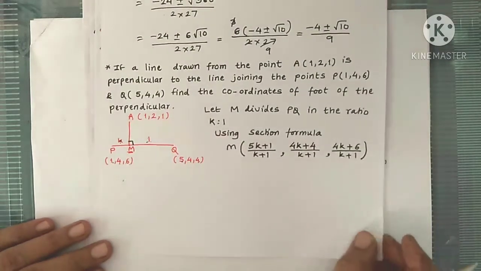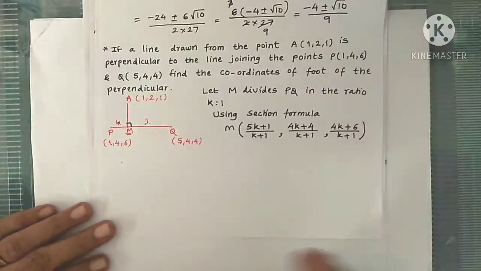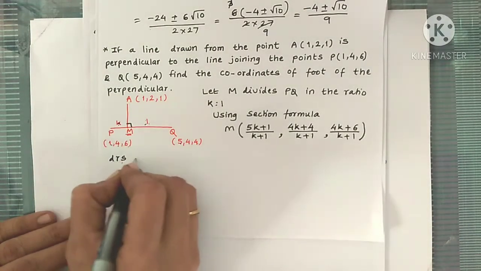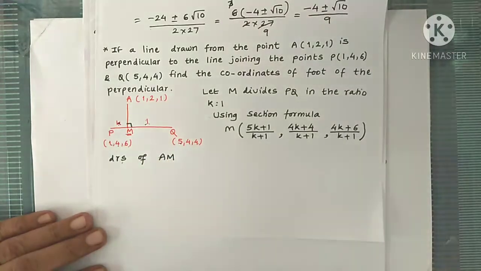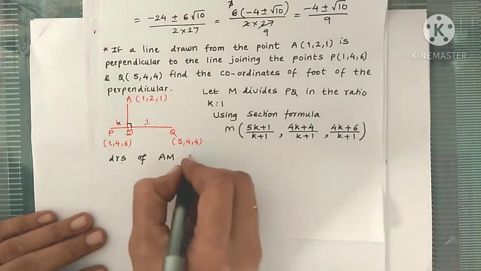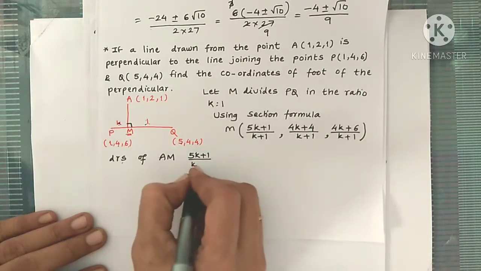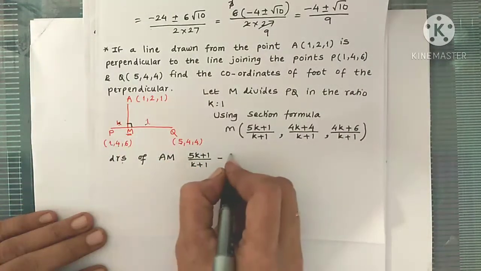First let's find the direction ratios of AM and then the direction ratios of PQ, as it is simple. Direction ratios of AM are m bar minus a bar. So the x coordinate here is 5k plus 1 upon k plus 1 minus the x coordinate of A, which is 1.